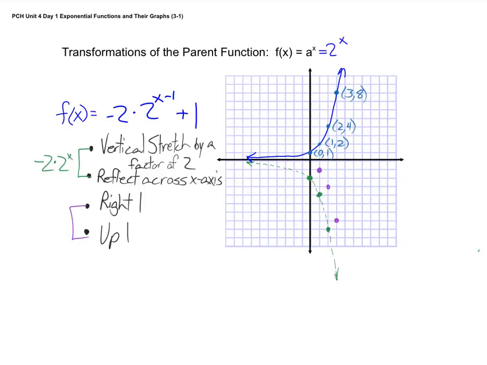So if we shift it up 1 unit, our asymptote is also going to shift up 1 unit. Okay? So here's our asymptote at y equals 1. This is probably the most commonly missed part of this, is students still have it approaching 0, but it actually is going to approach +1.